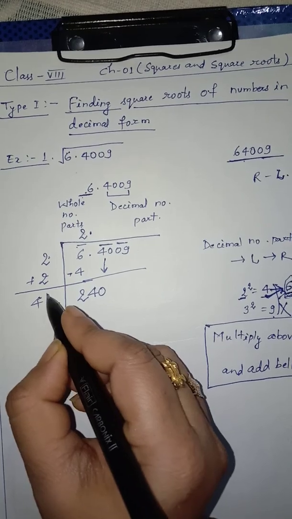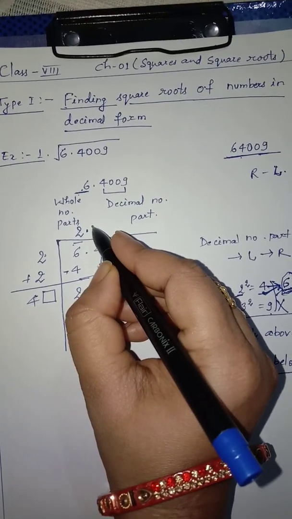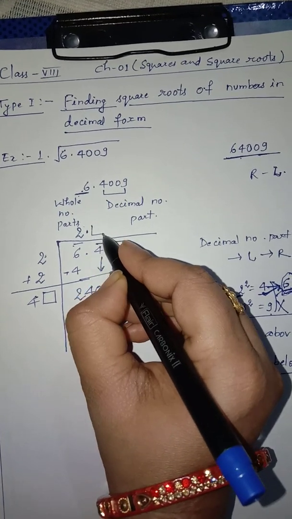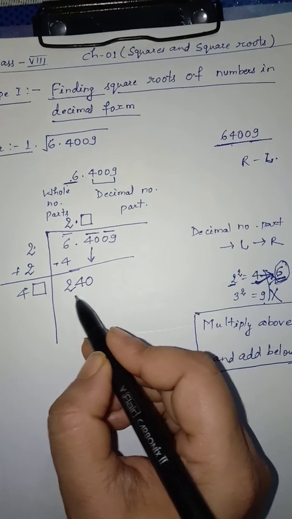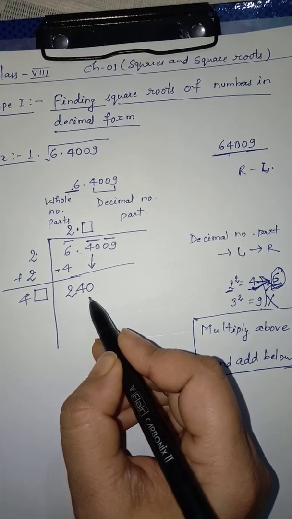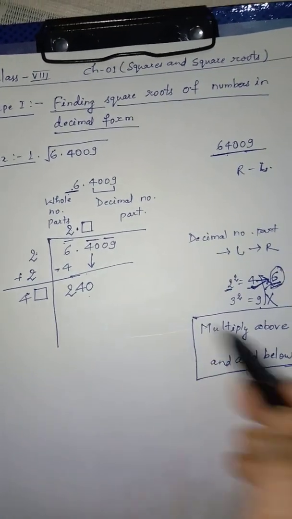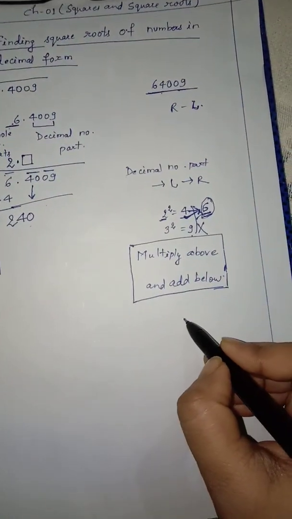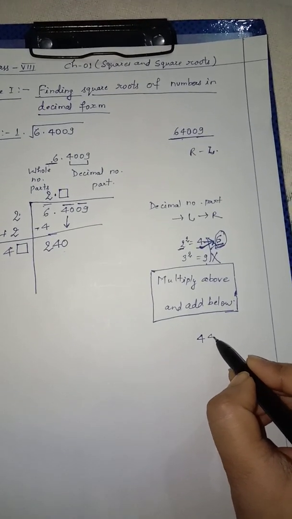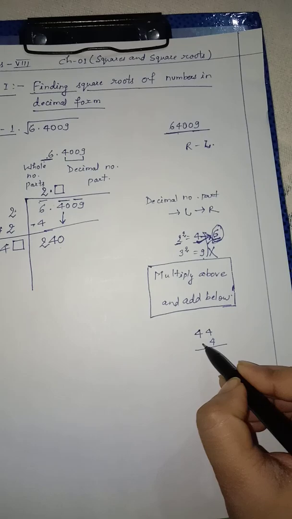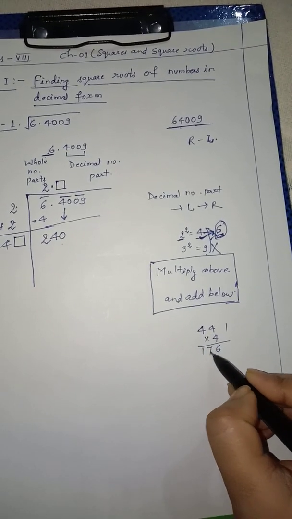Now set a digit here and here which will be equal to or closer to 240. So now we will check in rough. If we set 4 here, what will we get? 44 times 4 is 176.